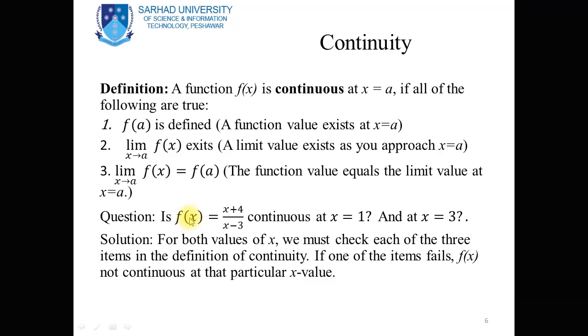For example, you see here a problem: is this function f of x is equal to x plus 4 divided by x minus 3 continuous at x is equal to 1 and at x is equal to 3? For both values of x, we must check each of the three conditions in the definition of continuity. If one of the conditions fails, the function will be discontinuous for that particular value of x.